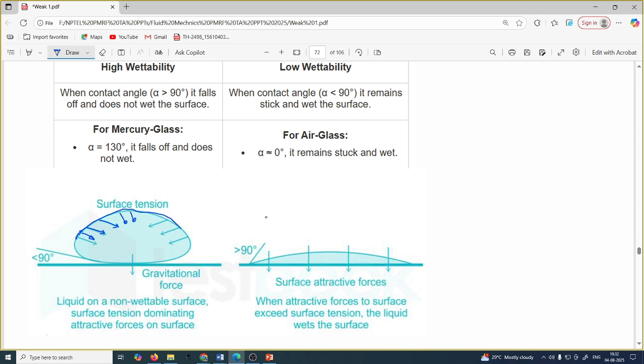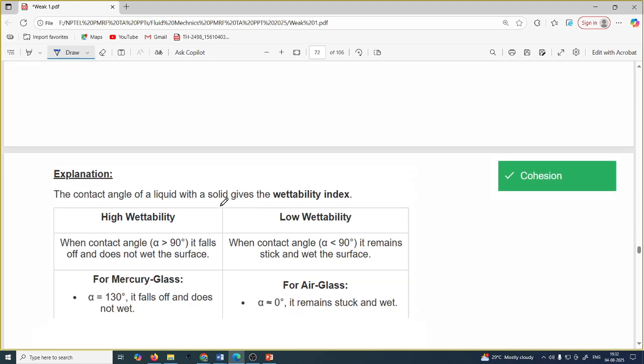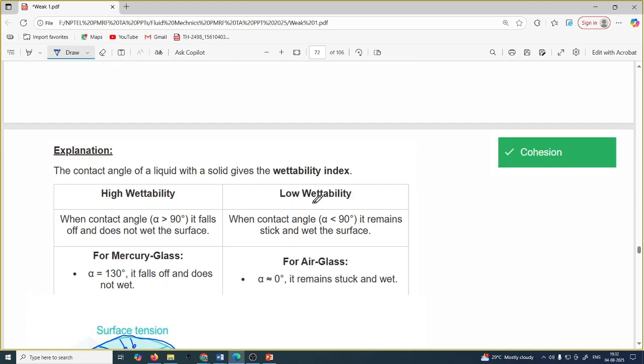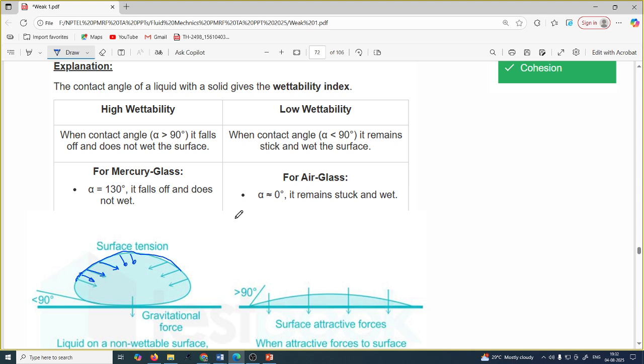But here the question is different: the mercury does not wet the glass by which property? The property is cohesion, because mercury has cohesion.